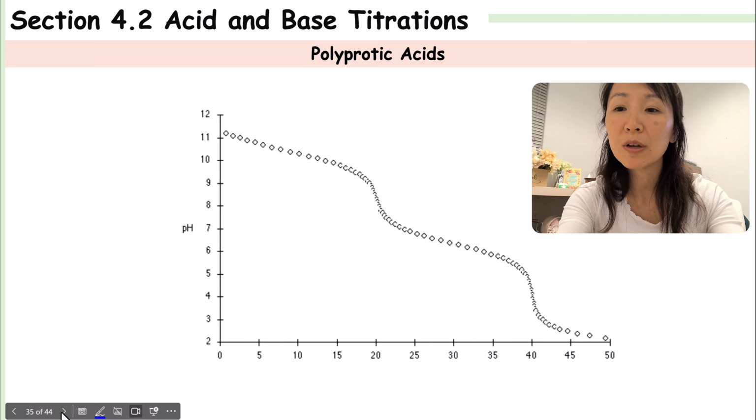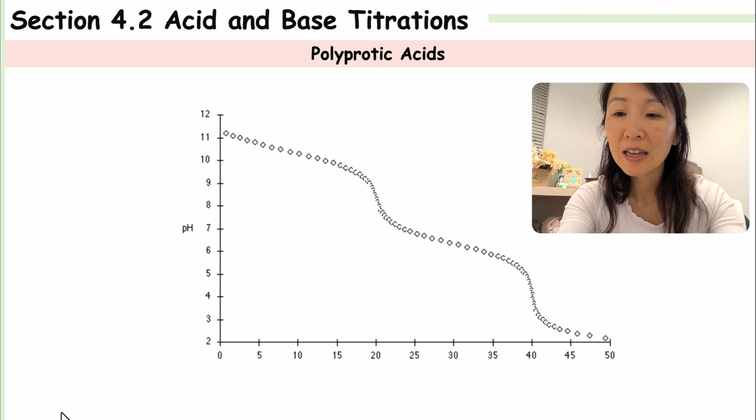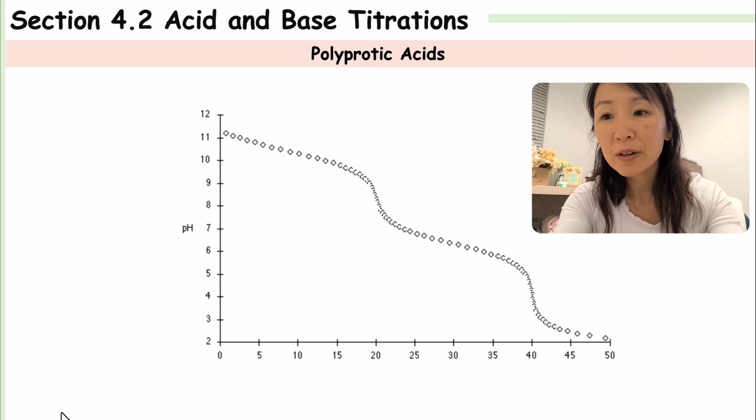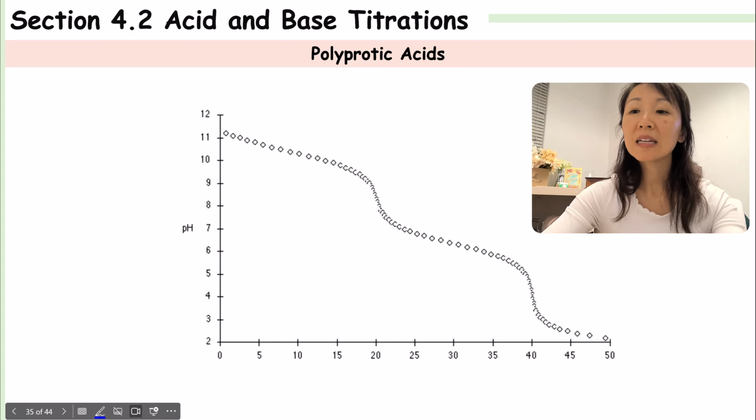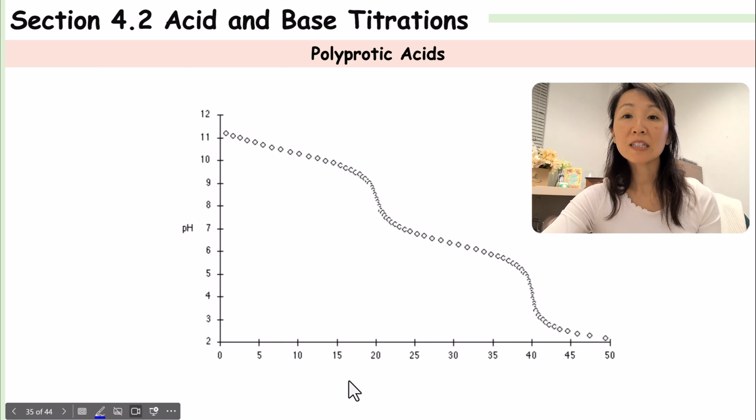We're used to acid in the flask, and then we have the base being titrated. But there are scenarios in which we have the base as a starting point, and then we titrate it with an acid. And the second scenario is what this graph is describing.